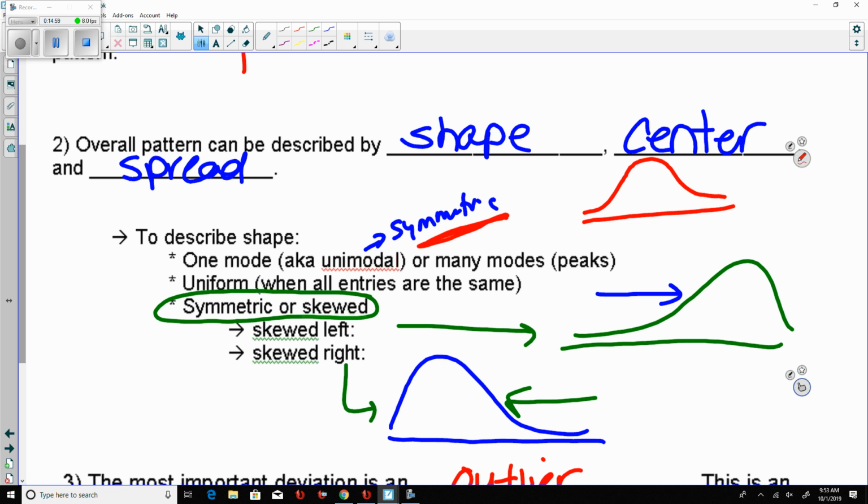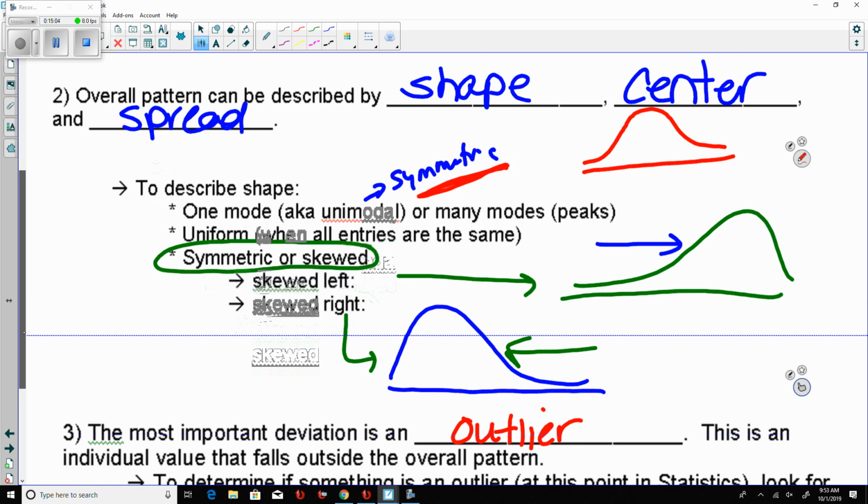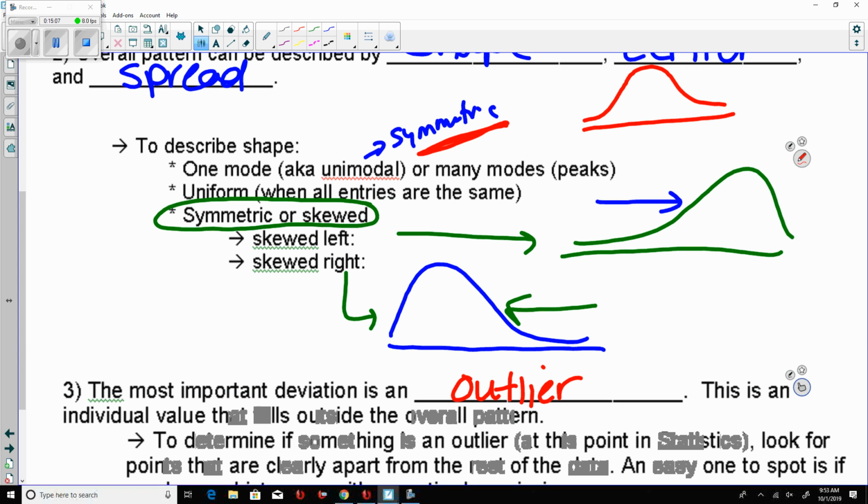Okay, now skewed left, skewed right. You look at the bottom left, that is your skewed left, on page 73. So what happens is the tail is to the left.